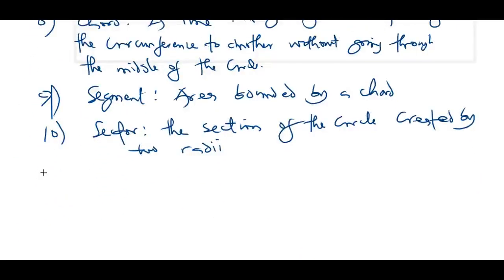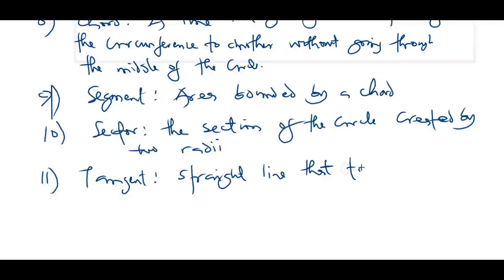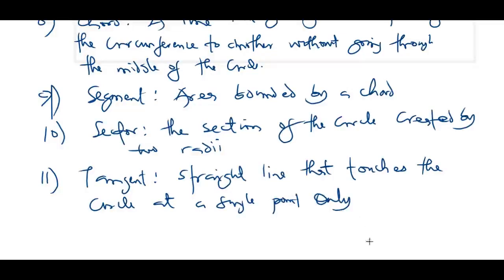That's number 11. So a tangent is a straight line that touches the circle at a single point only. Then we have number 12.